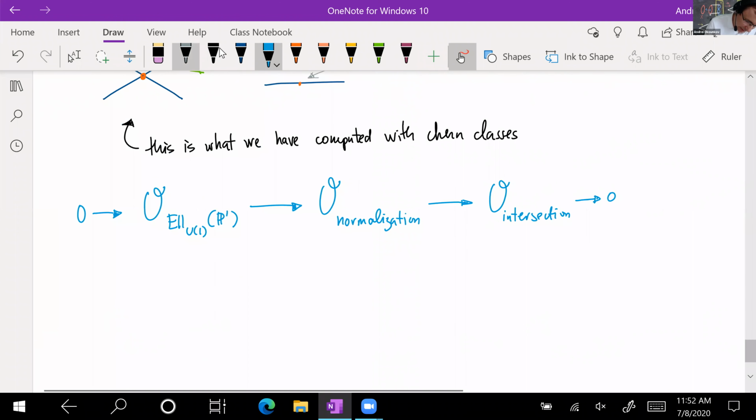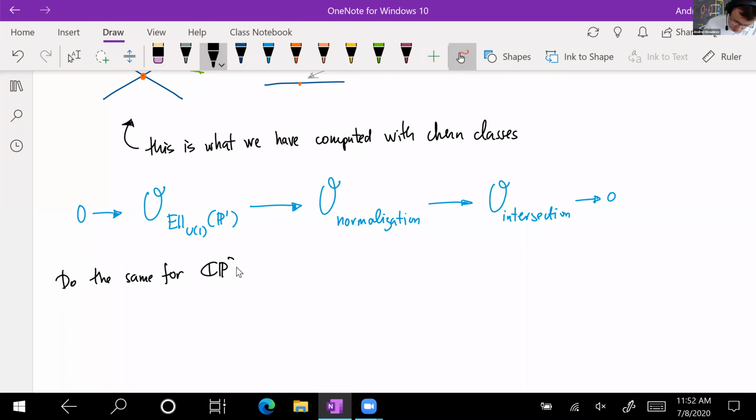So if I want to do the same for, let's say, CP2, what's it going to be? For CP2, we have three kinds of orbits. Maybe I'll draw a toric diagram of CP2. This looks like that. And so there is one free orbit.